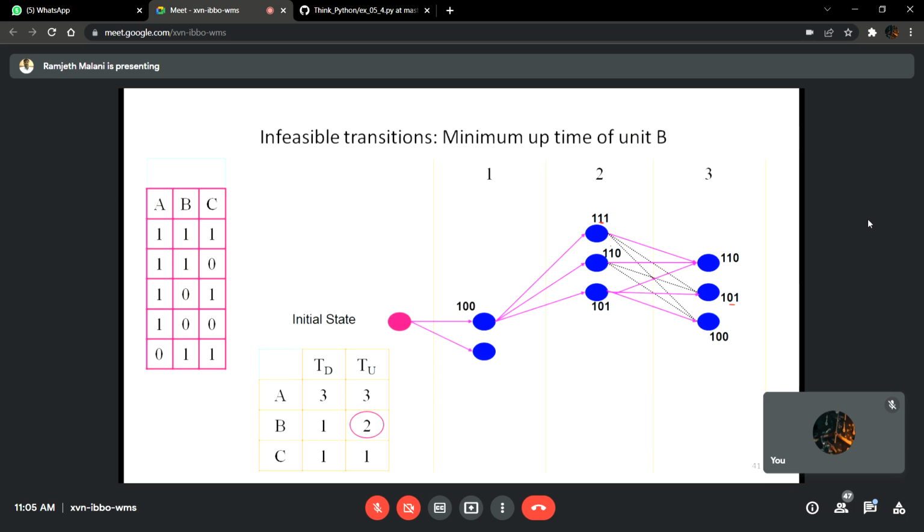Similarly, if you want to go to this state as well, you have to turn off the second generator. So that also becomes an infeasible path. From this state to this state also, you have to turn on the second generator, maintain it running for 1 hour, and at the third hour, you again turn it off.